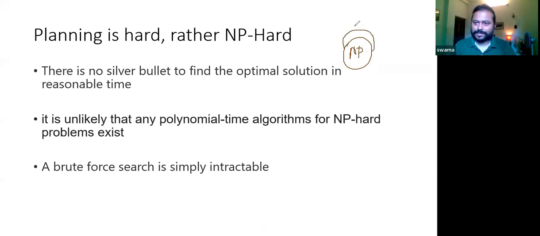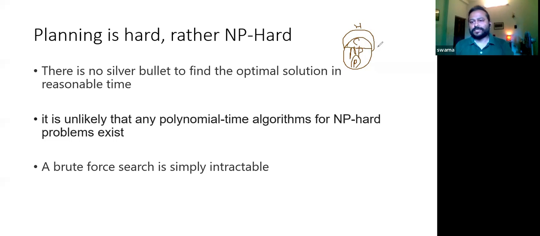So this is the NP-hard class. Now this is a whole set. Now this intersection of NP-hard and NP class is called NP-complete. And within NP, there is another subsection. This is called the polynomial, like the P class.